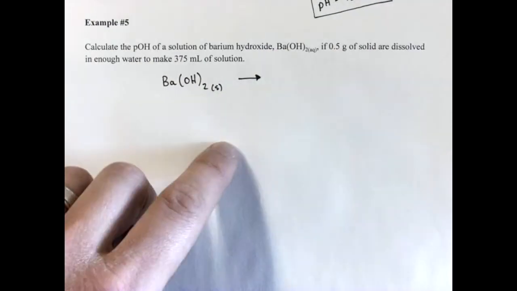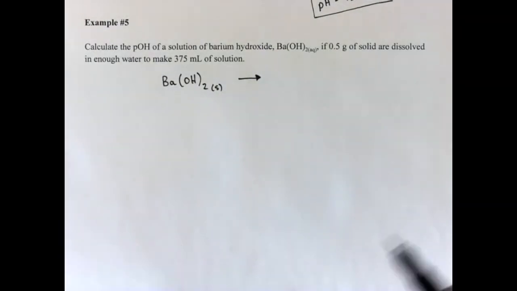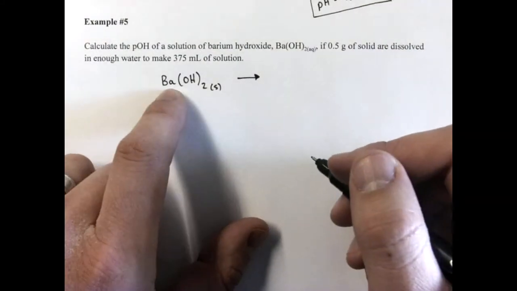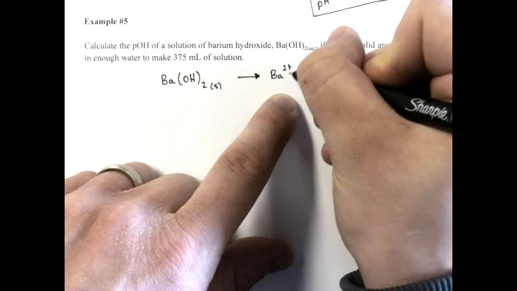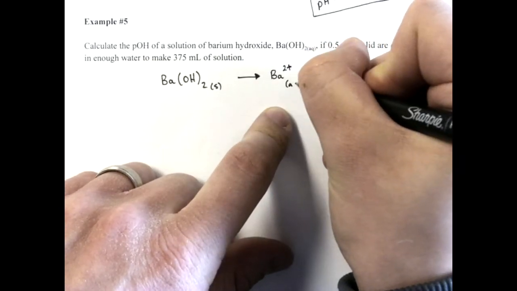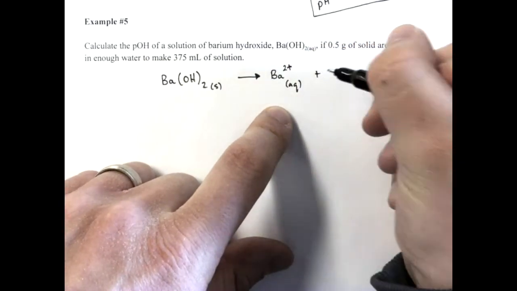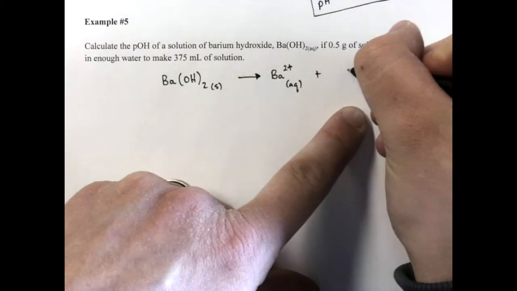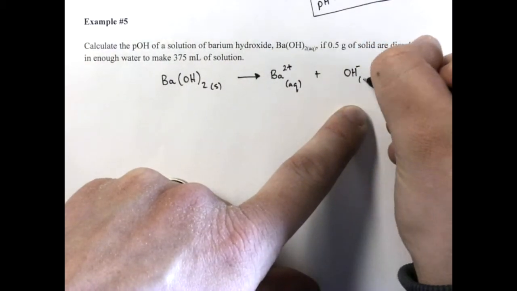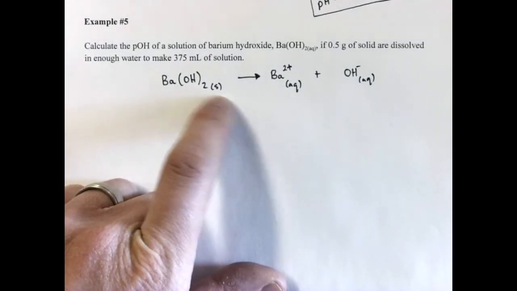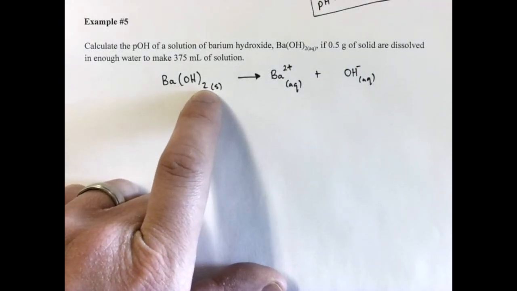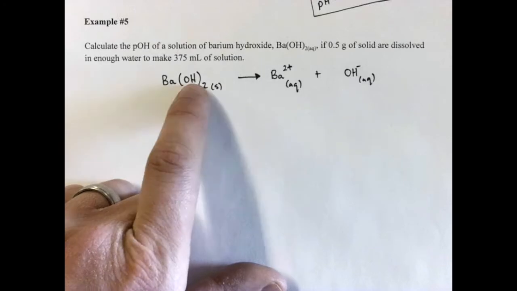And we find it by writing our dissociation equation. So barium hydroxide is going to dissociate to form barium ions and hydroxide ions. But if you're paying attention, in the formula unit for barium hydroxide, I have 2 hydroxide ions per 1 unit.